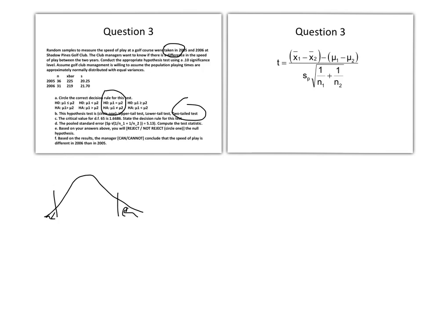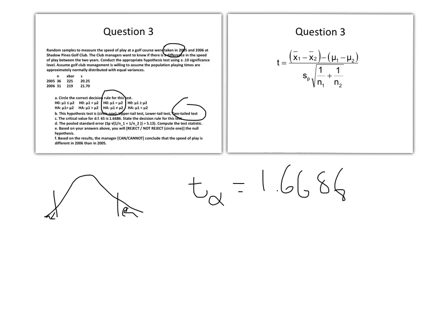It's a two-tail test. Now, in this test problem, we are given the t of alpha. T of alpha is 1.6686. Okay, and that's not part of the table. That's why it's given to us here.